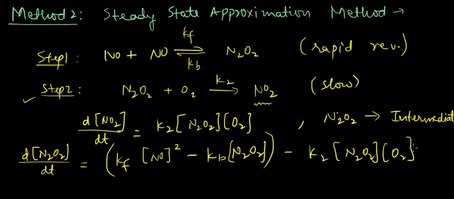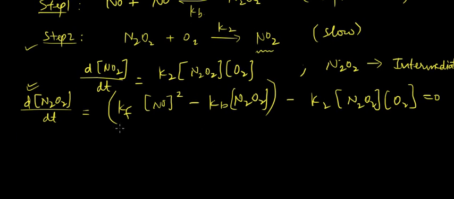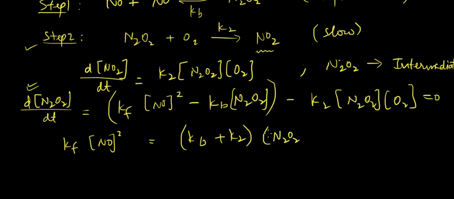So this should be equal to 0 according to the steady state approximation method. So we should write that Kf times NO whole squared should be equals to Kb plus K2 O2 and N2O2, concentration of N2O2 rather.